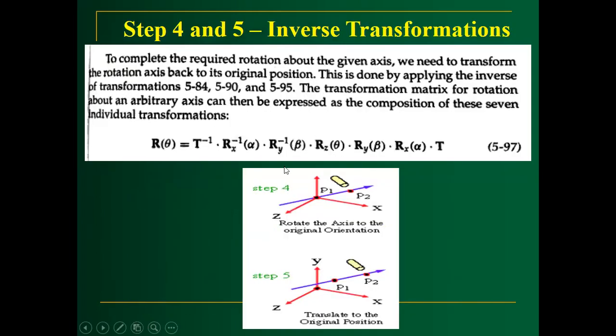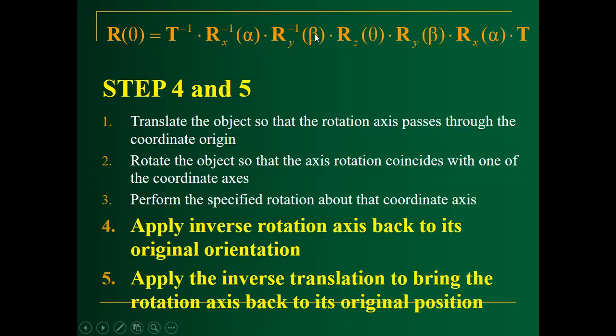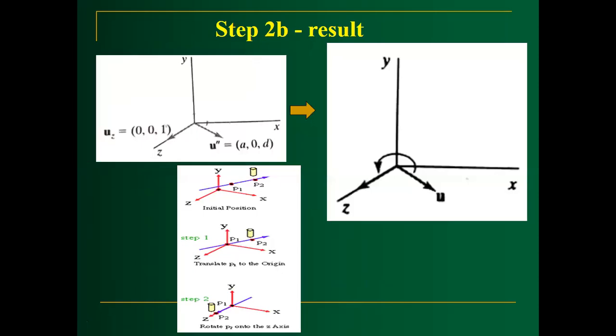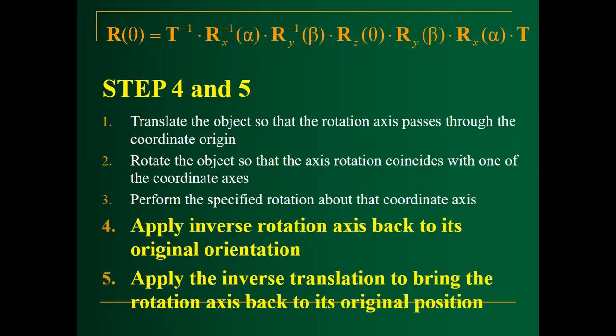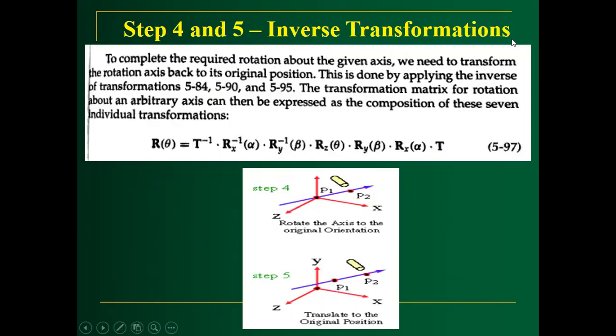That is Ry of minus beta, Rx of minus alpha, and T minus. So whatever equations you have got, just invert them. So you can see, inverse translation, inverse rotation, the arrow mark went to the origin, and inverse translation pushes it back to wherever it was.